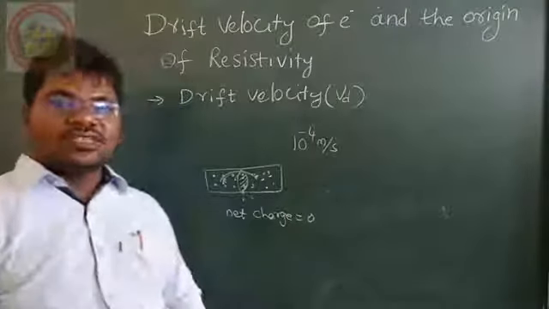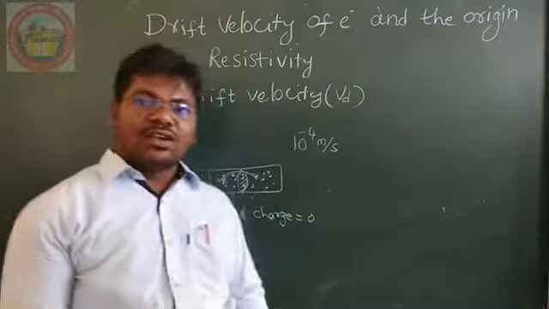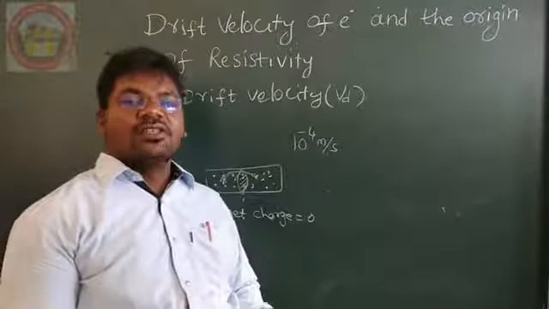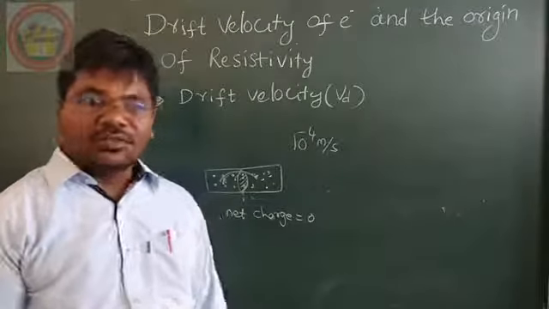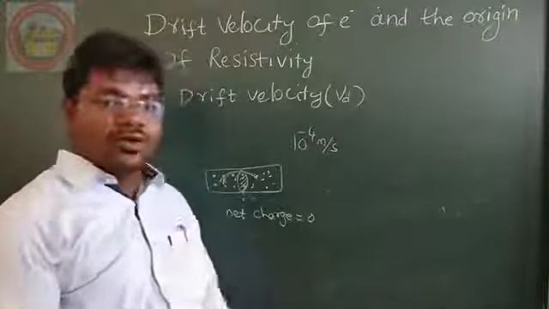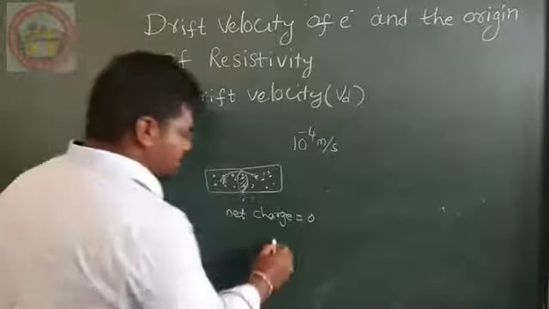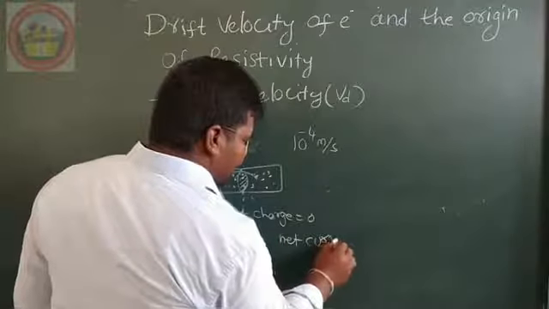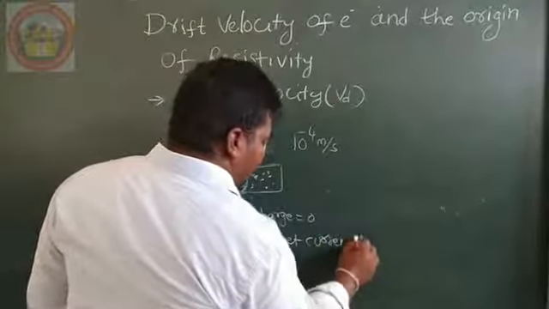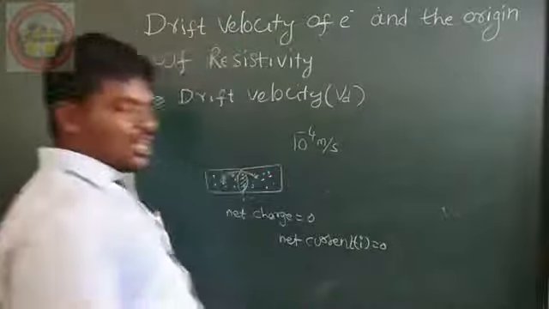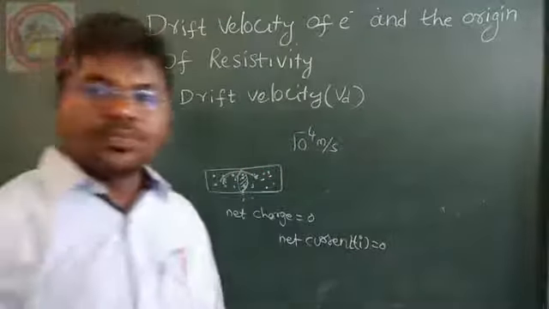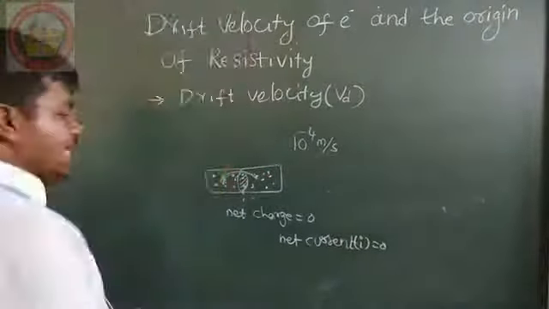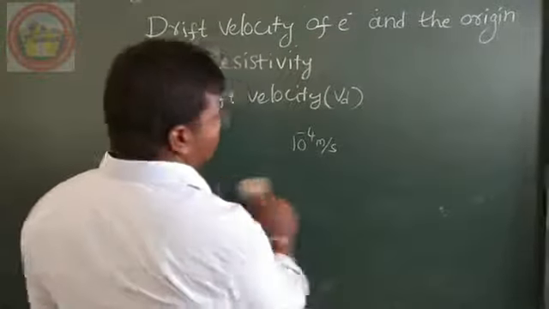So the net charge is 0. If the net charge is 0, the net current is also 0.